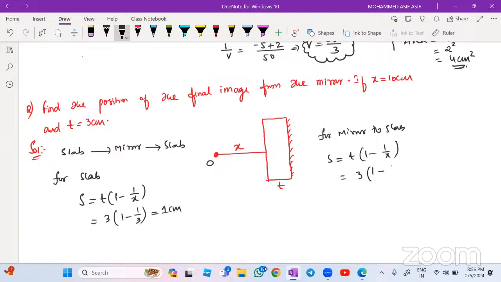Now, X value will become how much for me? Mirror it is reflecting exactly. So this value will become for me how much? If X is equals to your 10 centimeters and thickness is right now for me 3.